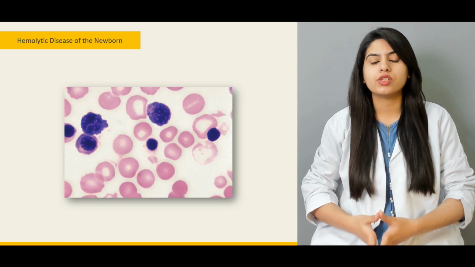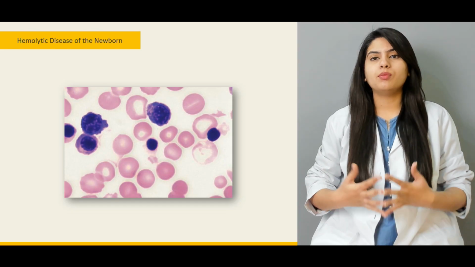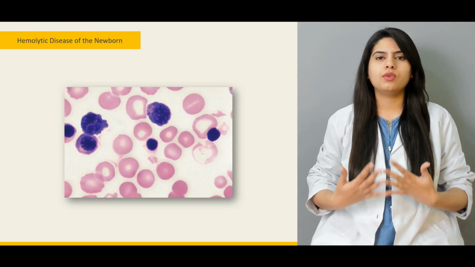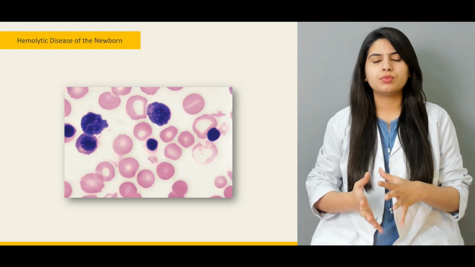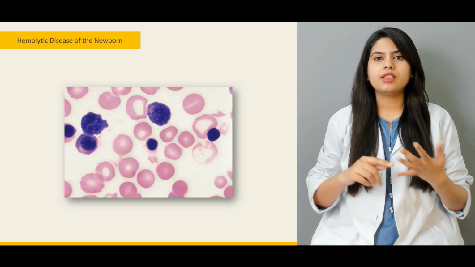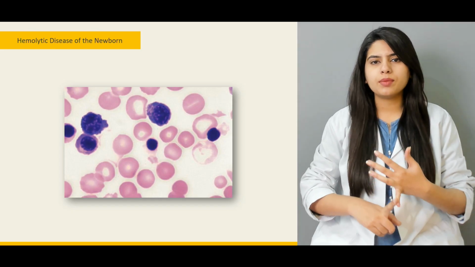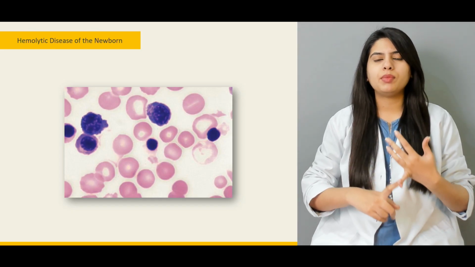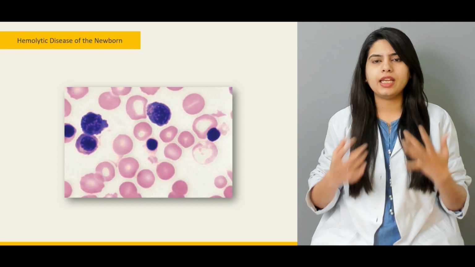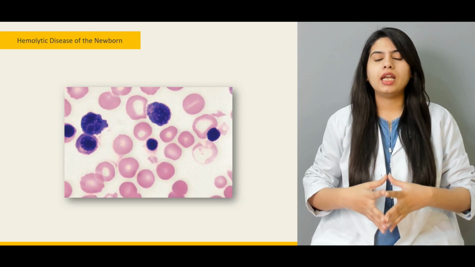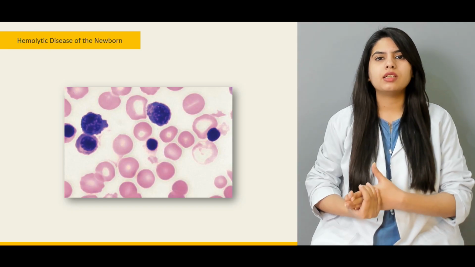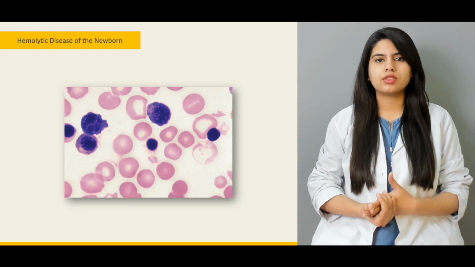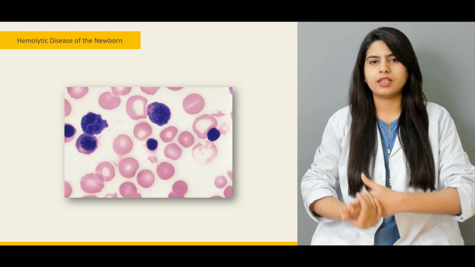Basically, in most of the cases, if we talk about the ABO blood group system, the mother is of the O type, and the baby has the A type of blood. And if we talk about the Rh system, then mostly the mother is Rh negative and the baby is positive.